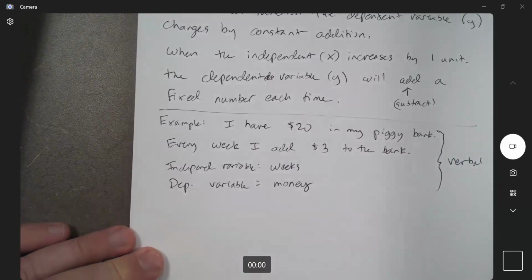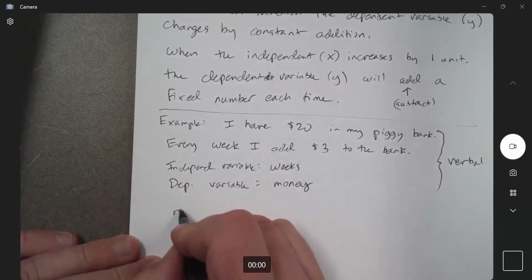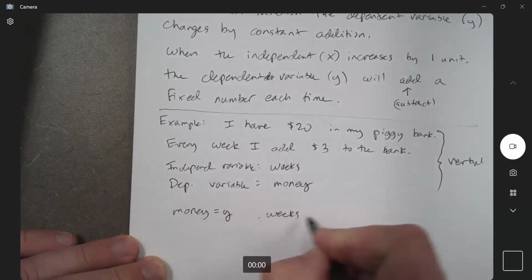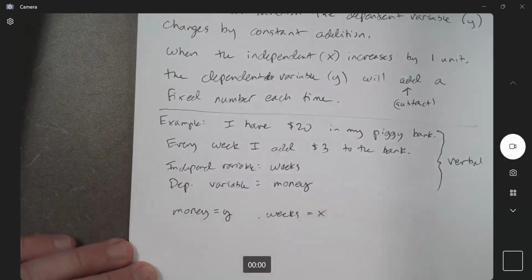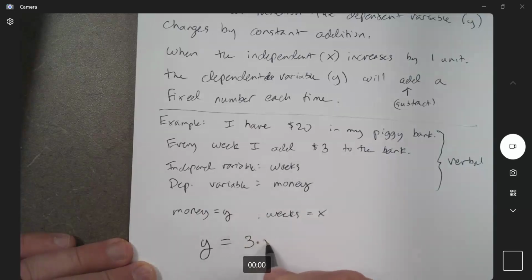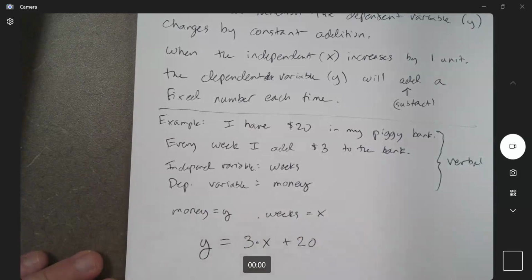Now, if we wanted to represent it with a formula, we could say money will be my y, and weeks will be my x. And so the amount of money I have, y, is going to be $3 times however many weeks I'm counting, plus the 20 I started with.